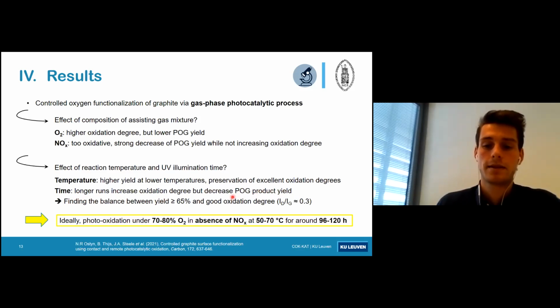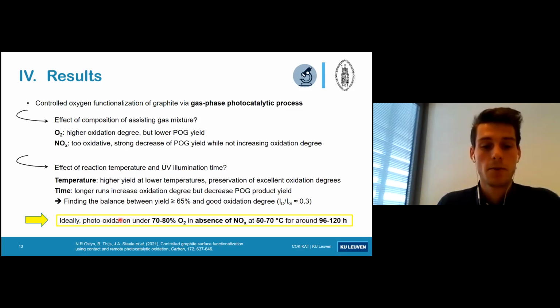So in that case, we also have to find the right balance. A good balance is often when the yield is more than 65% and also an oxidation degree of around 0.3 for the ID over IG ratio. This is related to Raman spectroscopy, and I will explain this later on in this presentation. It's actually a measure for the oxidation degree.